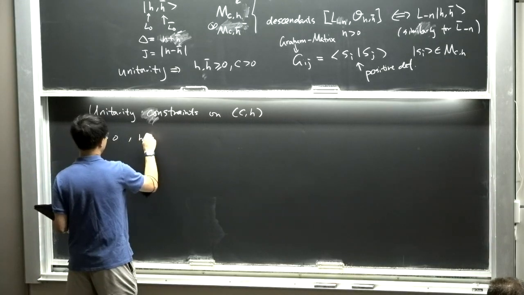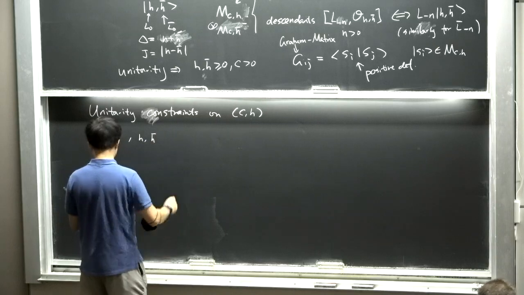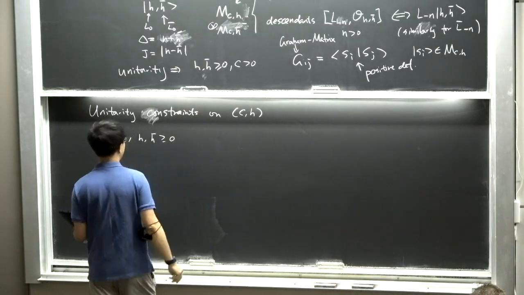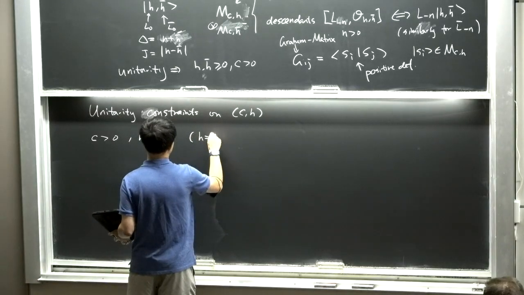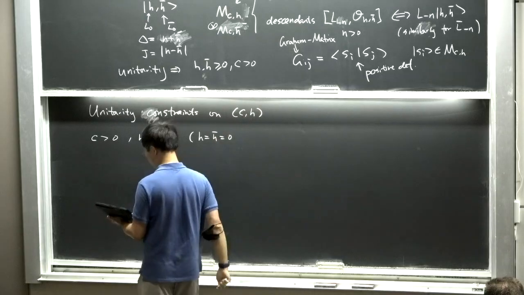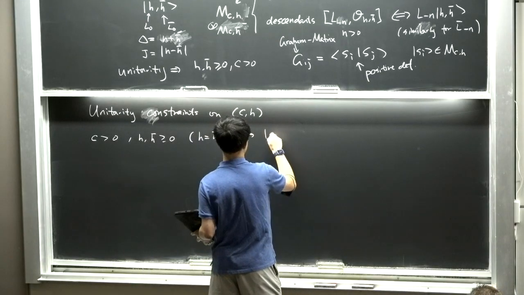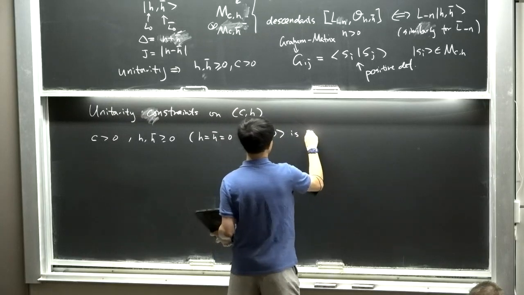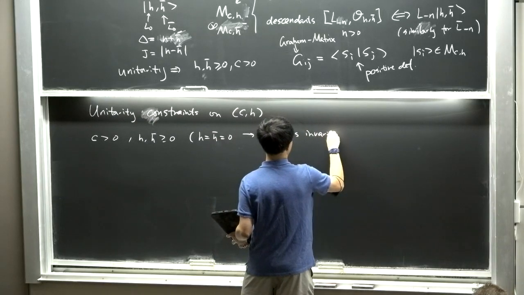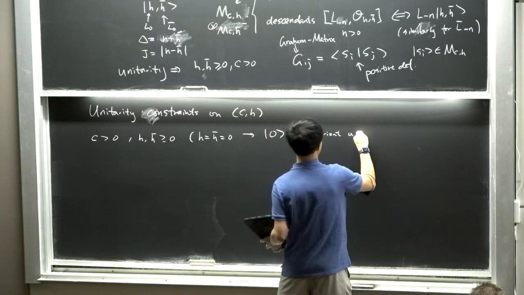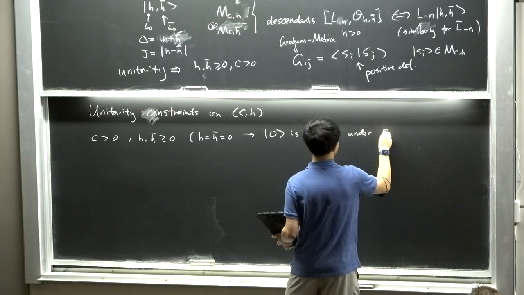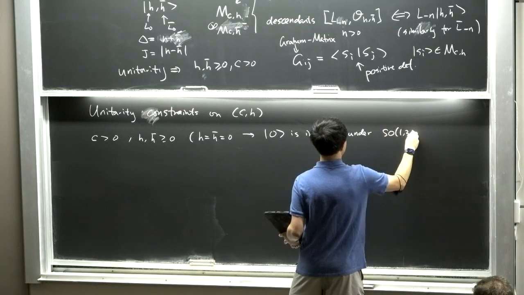That is simply the condition that h and h bar have to be non-negative, and moreover, when h and h bar are equal to 0, the corresponding state is invariant under the full global conformal symmetry.